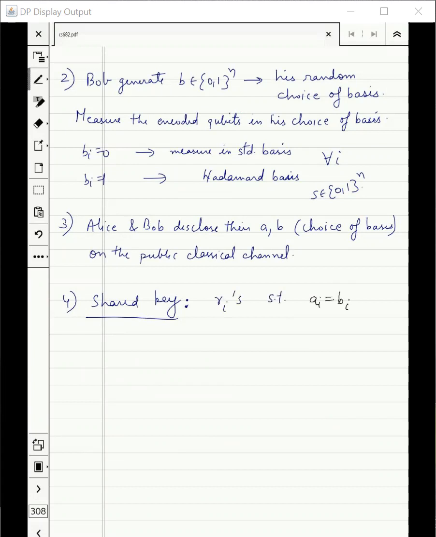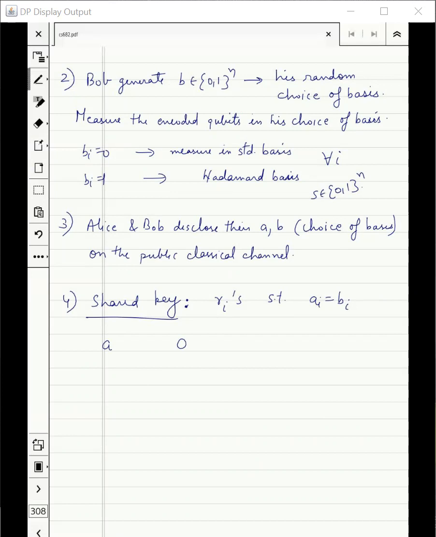Now Alice knows A, B, Bob knows A, B, they can compare their A and B. If they see that, oh, our choice of basis was the same on, let's take an example.